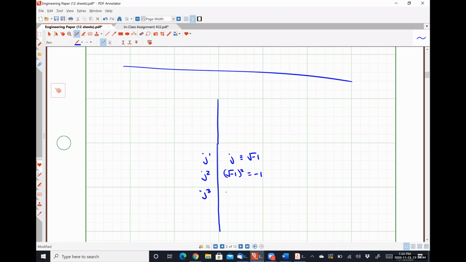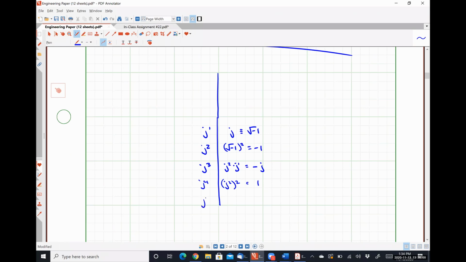J to the third power is J squared times J to the first power, so that's -1 times J, or just -J. J to the fourth power is J squared squared, so -1 squared is +1. And then J to the fifth power is J to the fourth, which is 1, times J to the first power, which is just J, and it cycles and so on and so on.